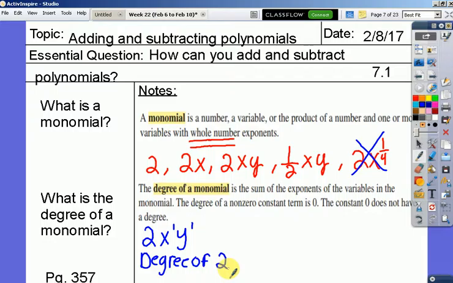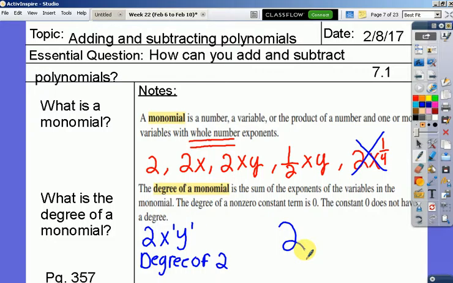Now, it says the degree of a non-zero constant, so for example, just the number 2, is 0. Why would that be? I don't see an exponent attached to it. I don't see a variable attached to it. Why would I have 0 as the degree? Is it because I don't have an exponent? Any idea?